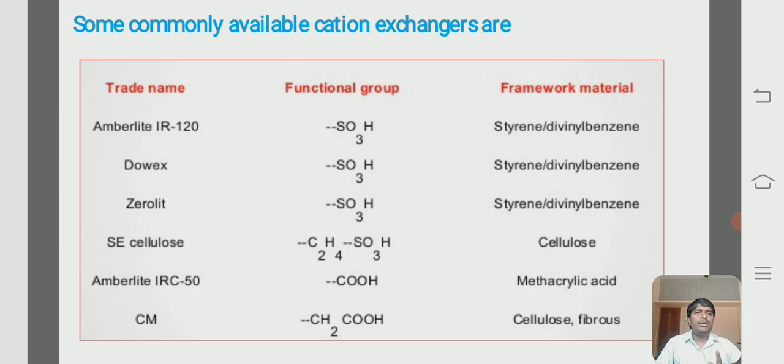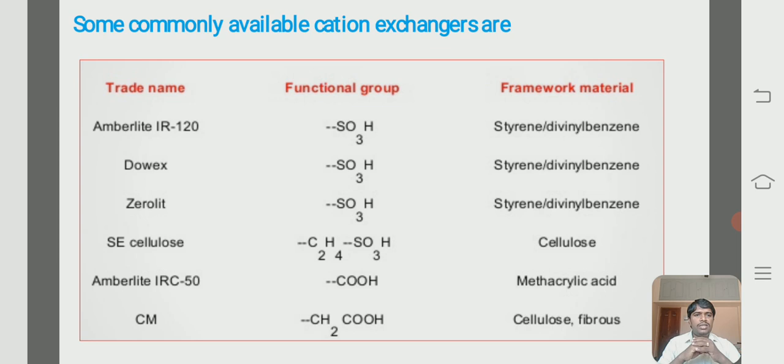Let us see some commonly available cation exchangers. Amberlite IR120. This exchanger contains a functional group, that is SO3H here, and the framework material in this case is styrene divinyl benzene. In Dowex, here also SO3H is the functional group and the framework material is the same, styrene divinyl benzene. Zerolit here also has the same functional group and framework material.